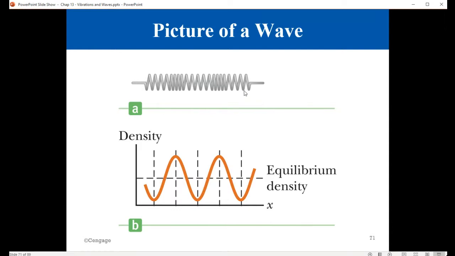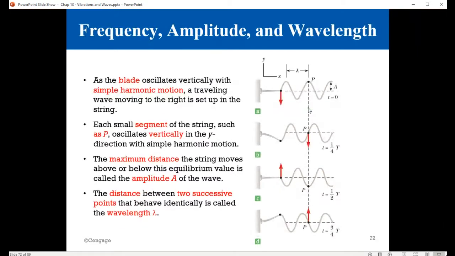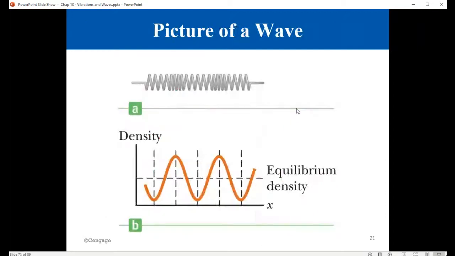Another way to create waves, consider this slinky. If you shake sideways, then the density here is more than the density here, so changes in the density will also create a wave. This kind of wave is called a longitudinal wave.